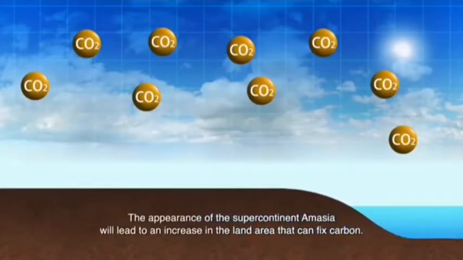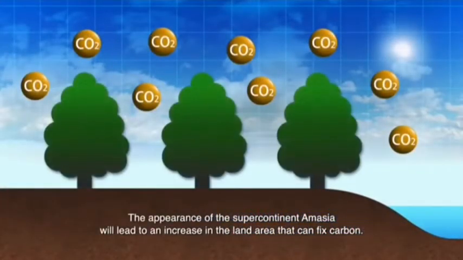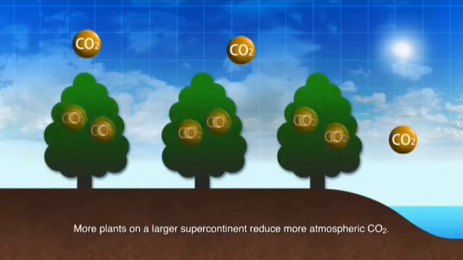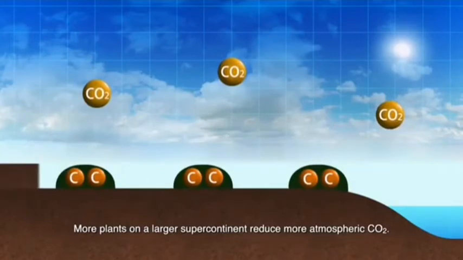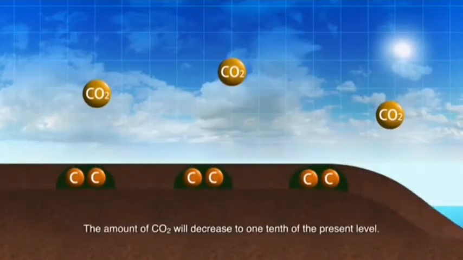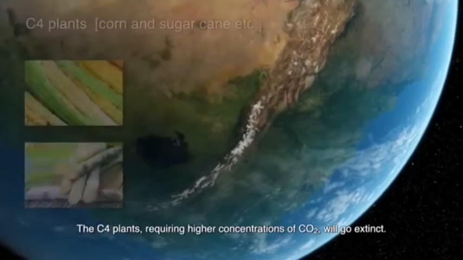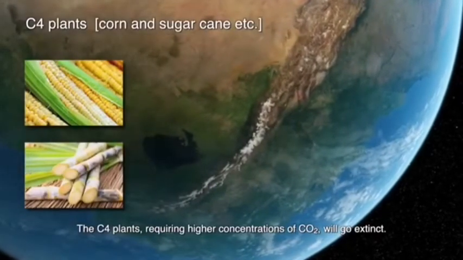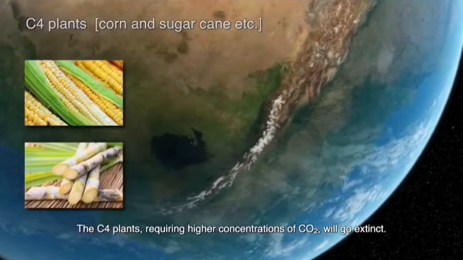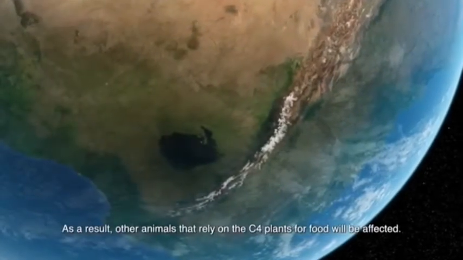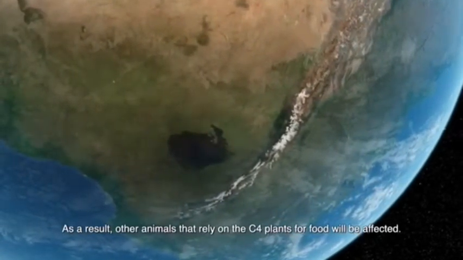The appearance of the supercontinent Amasia will lead to an increase in the land area that can fix carbon. More plants on a larger supercontinent reduce more atmospheric CO2. The amount of CO2 will decrease to 1/10 of the present level. The C4 plants, requiring higher concentrations of CO2, will go extinct. As a result, other animals that rely on the C4 plants for food will be affected.